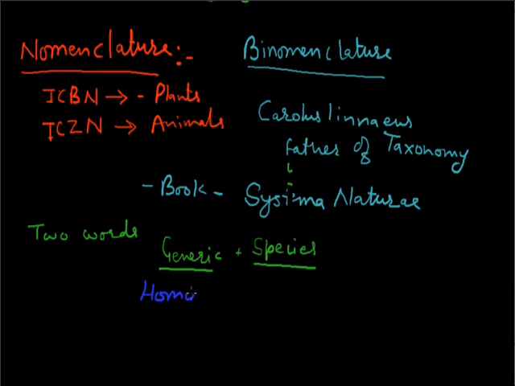Homo is the generic word or genus word, and sapiens is the scientific name of the human species. On the land, human beings have only a single species, sapiens. So Homo sapiens is the scientific name of man. It has two words. The first word, Homo, is related with the generic name. The second word, sapiens, is related with the species.